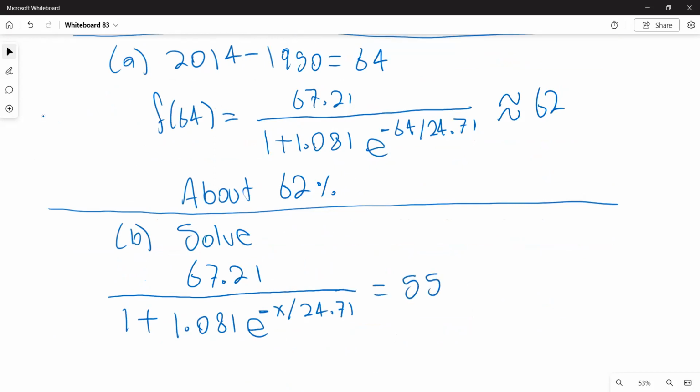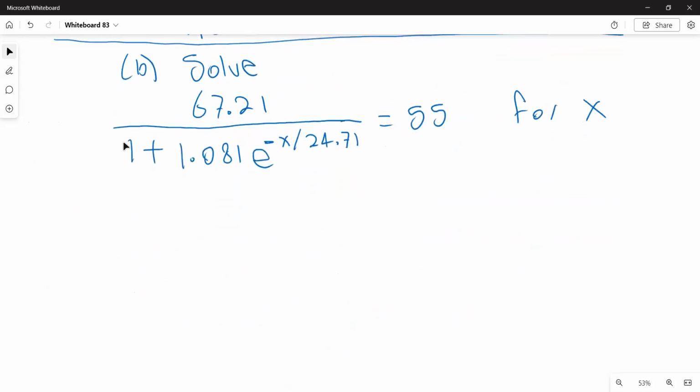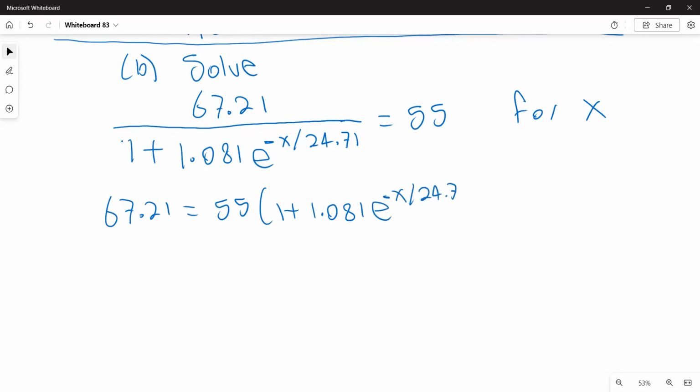Solve this for x. Okay, so let's solve this equation. We can start by bringing the denominator to the other side. Then distribute the 55.